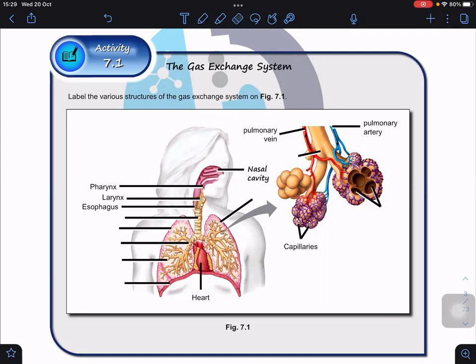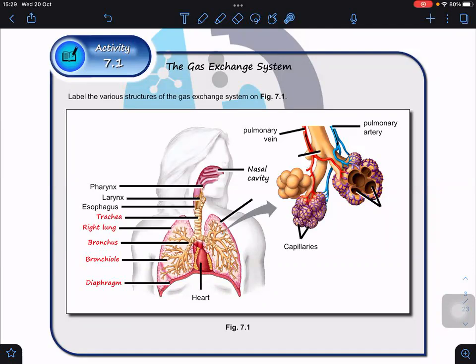From the trachea, you can see that it branches into two. These two are known as bronchus, or bronchi. Bronchus is singular, bronchi are plural. Are you clear? Then this bronchus starts to branch even more, into small channels known as bronchioles.